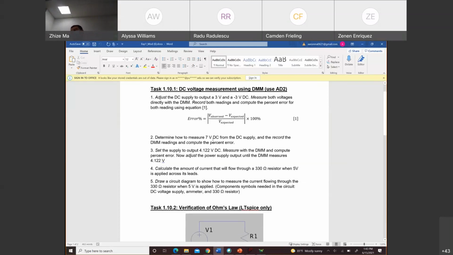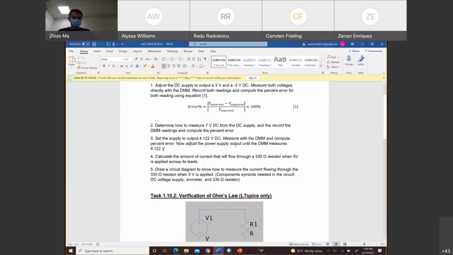So you need to think about how to create 7 volt, because voltage is a difference. If you have a voltage of 3 at one point and 5 at another point, when you do the measurement, the voltage is 2. Remember, voltage is always the difference. So you need to think about how to create 7 volt in your DMM.